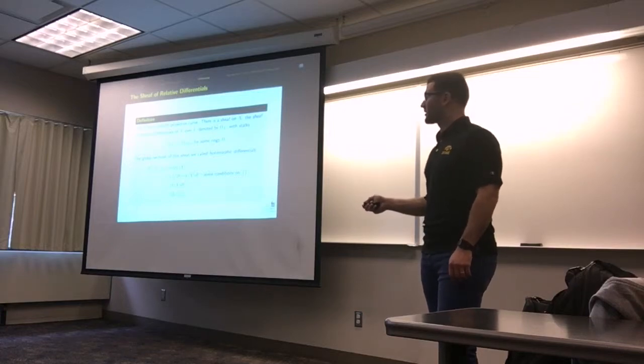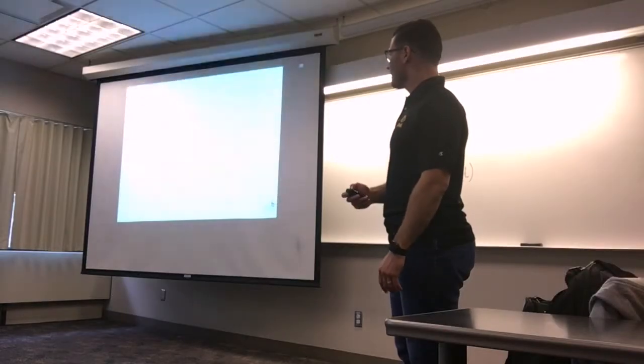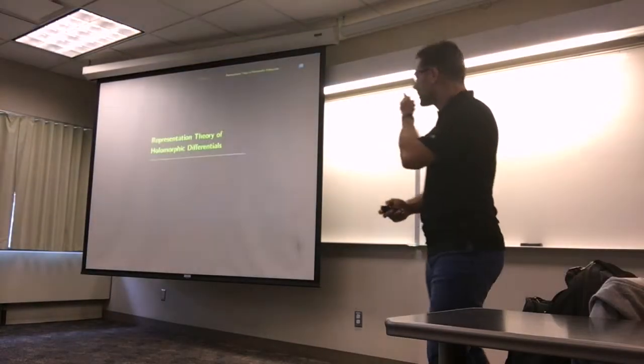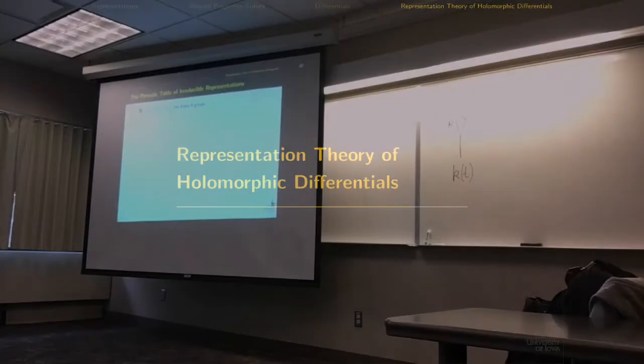And so this is a vector space over k on which G knows how to act. So it's a representation. And what I want to know is, how does it decompose? What are the atoms that it's made up of? So, the representation theory of holomorphic differentials, as I just said.